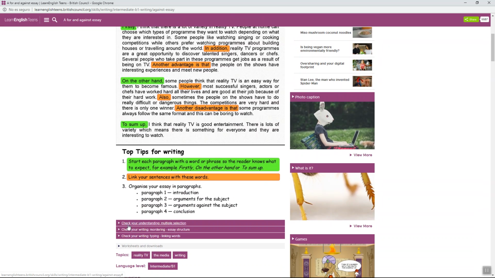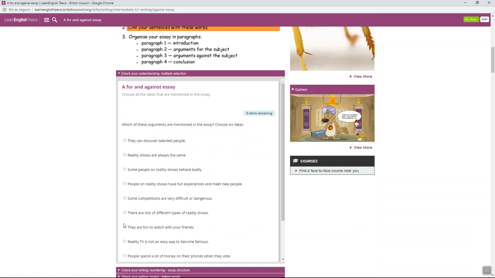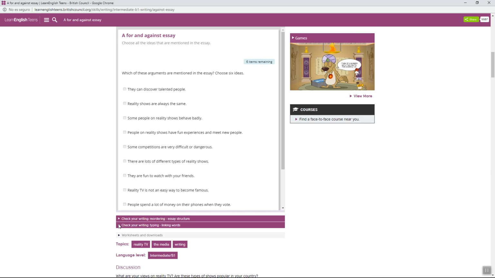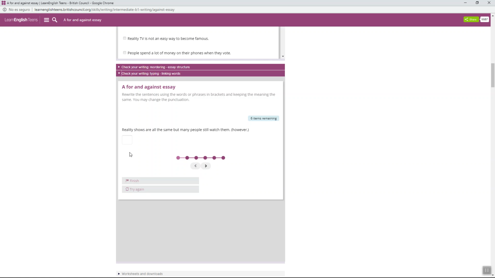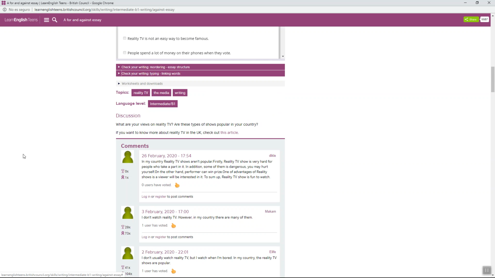All right, you can do exercises here, check your understanding, check your writing. So you can do exercises there that are interactive, so you have information there. All right, and you have a worksheet here that you can download if you want.